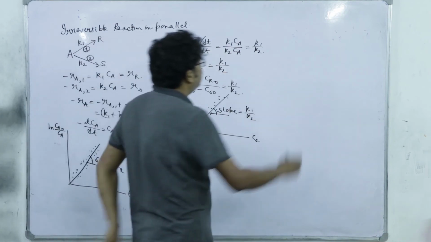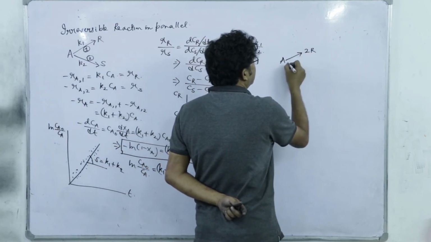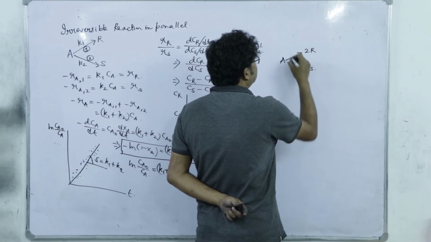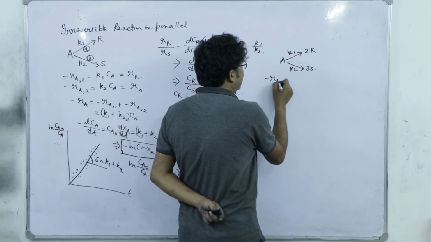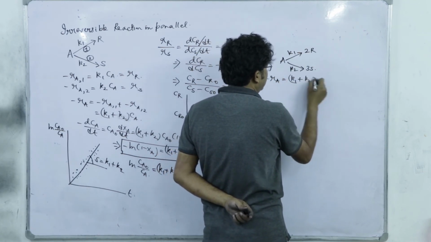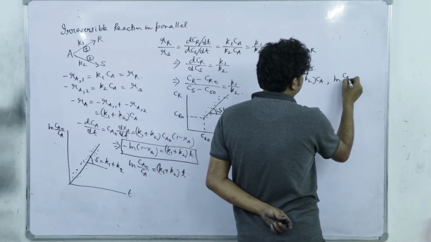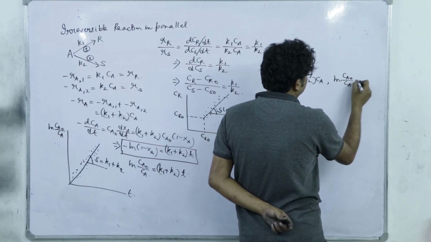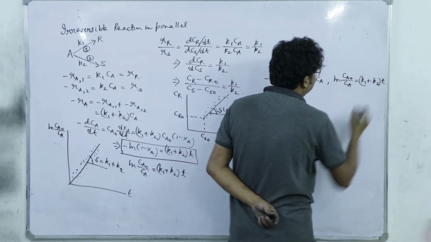But if we think that A giving 2R and A giving 3S, with K1 and K2, then minus rA is again equal to (K1 plus K2) CA, and we can solve as ln of CA0 by CA equal to (K1 plus K2) whole bracket t.